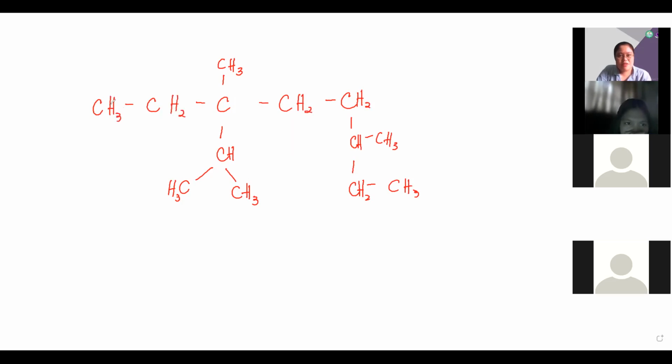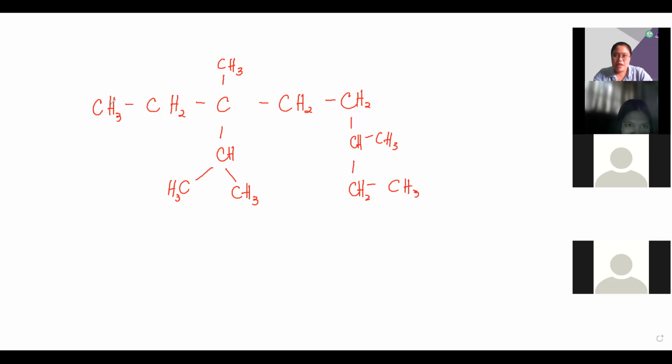Okay, this one. Please try to name this, and then you have a copy of my slide. Go back to the list of the common substituents and let's see if ma-detect nyo siya in the compound on the screen. And then try to name them.